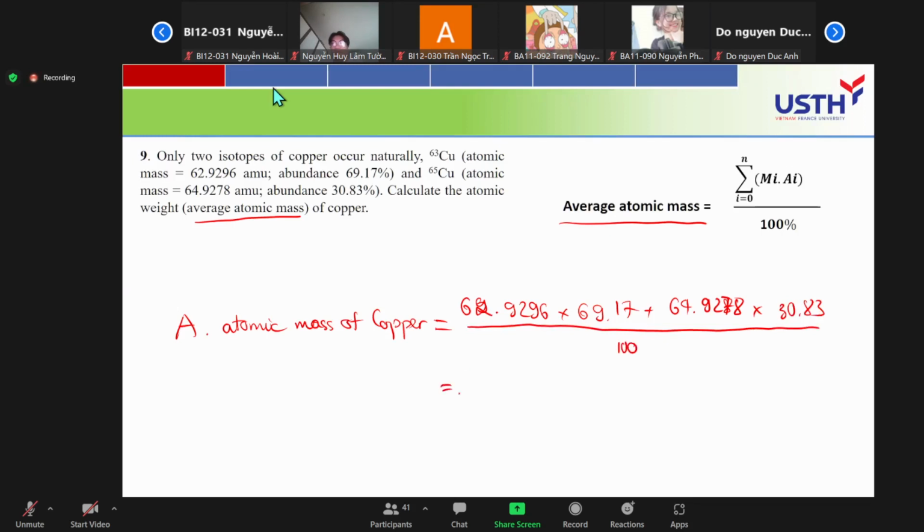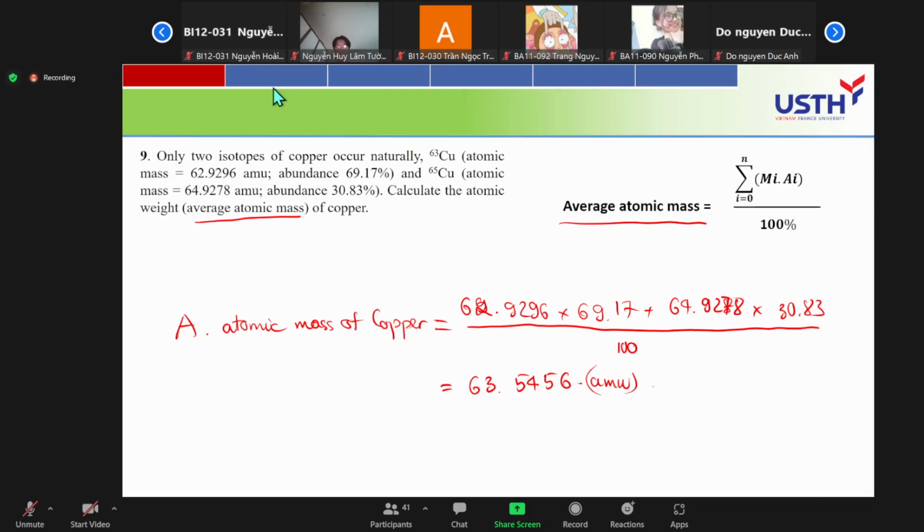So can anyone give me the result, please? It is equal to 63.5456 amu. Okay, very simple.